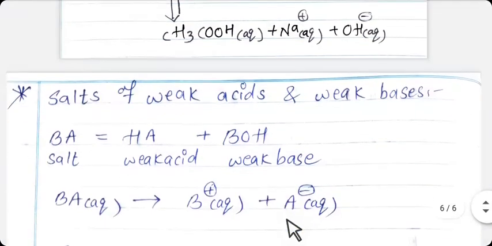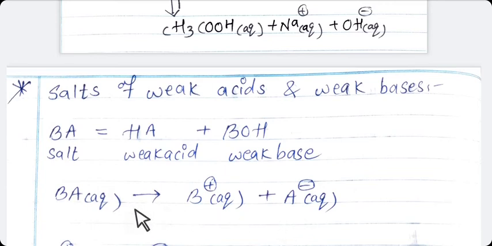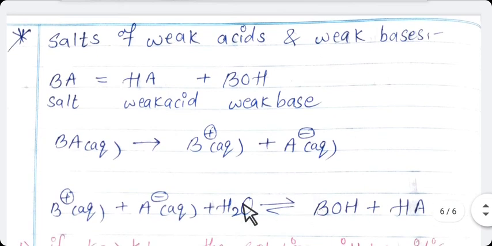So when BA dissociates as B plus and A minus and reacts with water, it produces BOH and HA. The solution may turn out acidic, basic or neutral, depending upon the relative strength of the weak base and weak acid formed in the hydrolysis. The solution may be acidic, basic or neutral, depending on the strength of the weak acid and weak base.